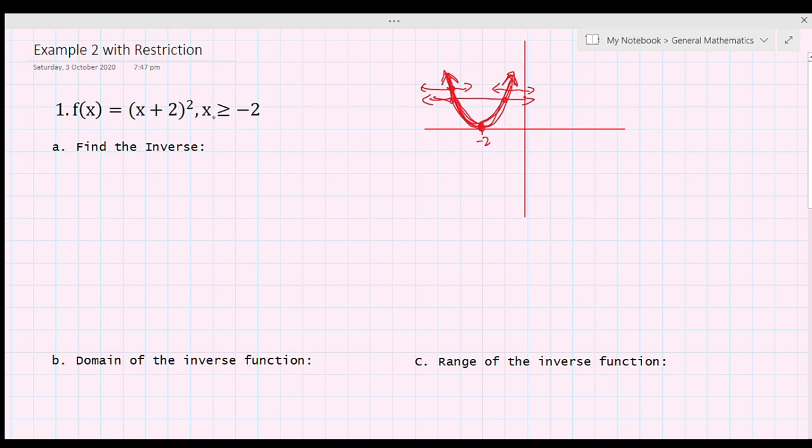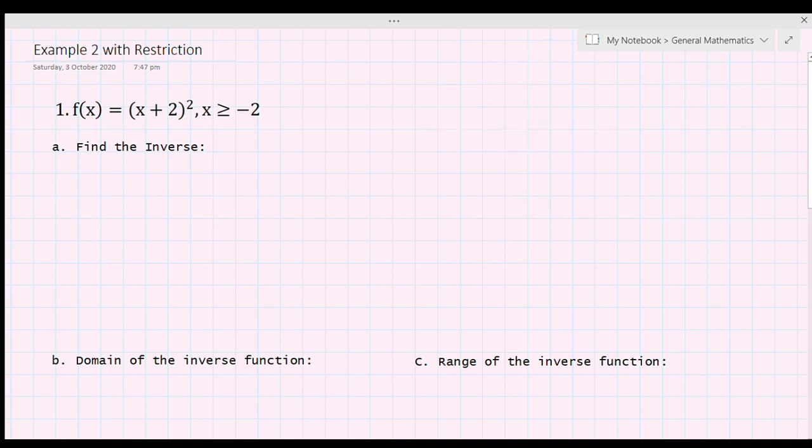But in this example, we restrict the domain at x is greater than or equal to negative 2. So ang matitirang part ng solution will be this one, because this graph will move to infinity as x is greater than or equal to negative 2.